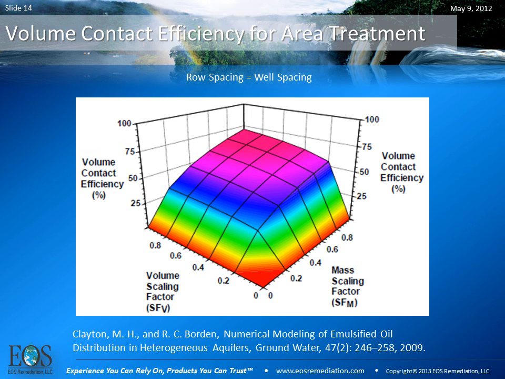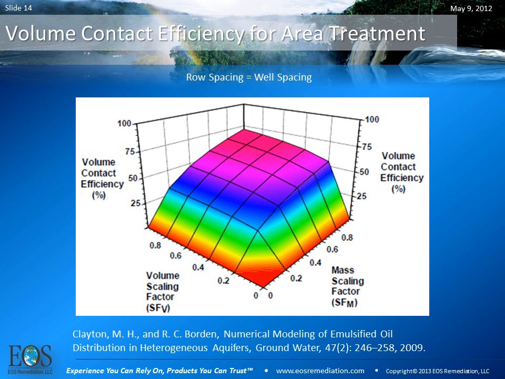In this case, this is where you set your row spacing and your well spacing equivalent, so it's essentially a grid. And what you can see here is that you get a very quick response, or a more significant response initially as you increase the amount and volume of oil that you add.